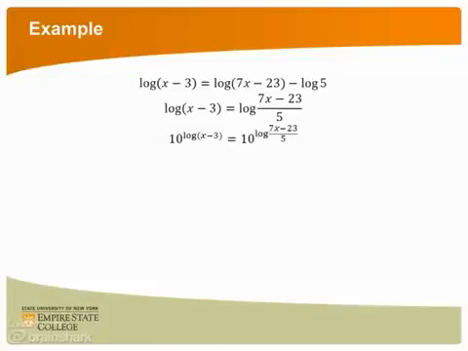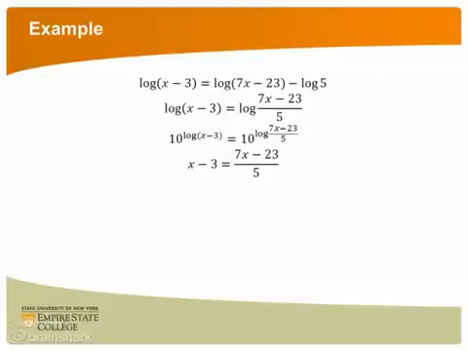On the right, we have 10 raised to the power, the common logarithm of 7x minus 23 divided by 5. Because the common logarithm and 10 raised to an exponent are inverse functions, they cancel each other out. We are left with x minus 3 equal to 7x minus 23 divided by 5.